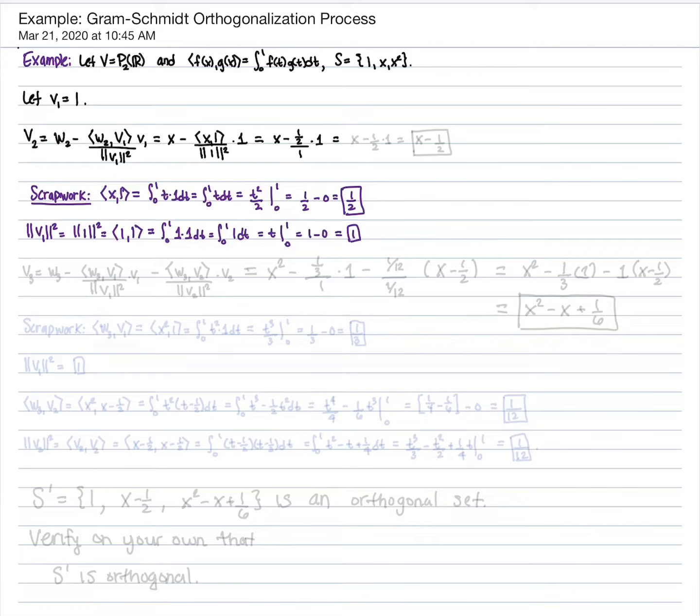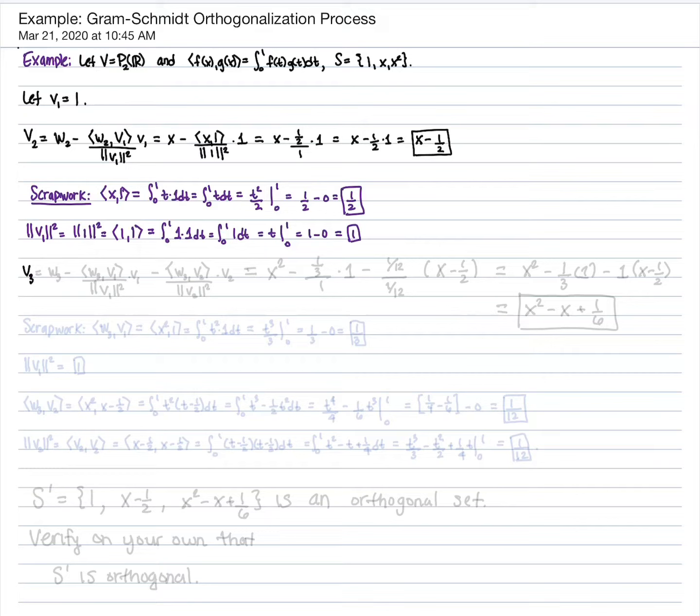And that gives us x minus 1/2 times 1. So then our second vector in our orthogonal set is going to be x minus 1/2. There we go. And then now we're going to go ahead and find V3.